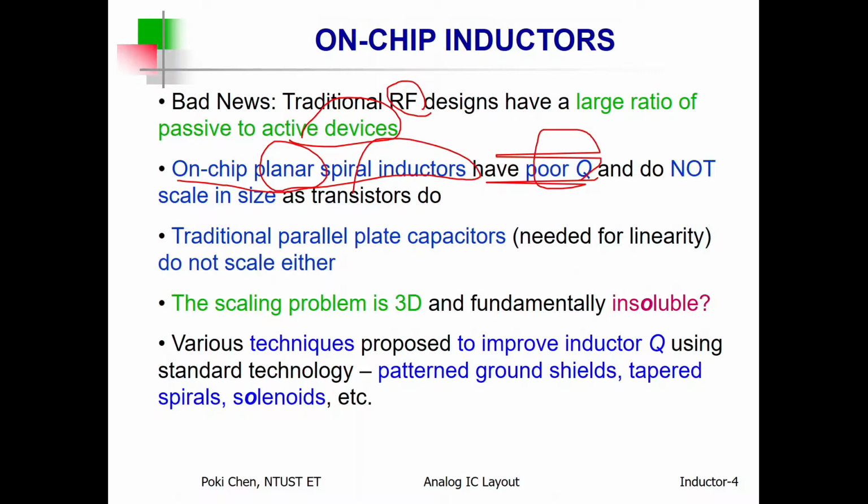But keep this in mind, even for traditional parallel plate capacitor, the size doesn't scale with the process evolution either. However, if you make it from horizontal one to the vertical one, as I mentioned already, the vertical parallel plate capacitor can be scaled with the process evolution.